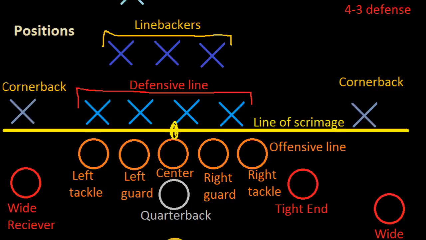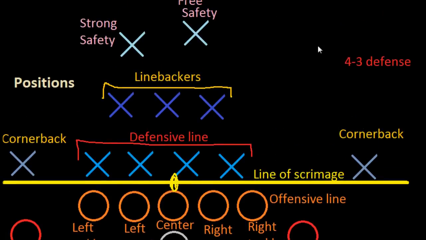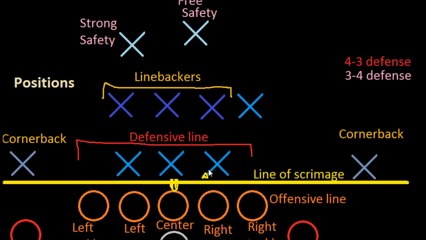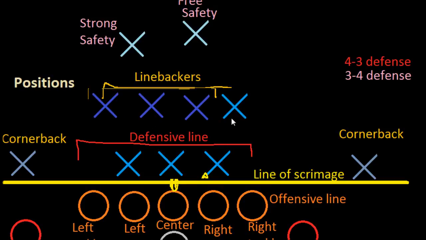The other common way that you might see guys line up instead of a 4-3 is a 3-4 defense, which would simply mean that one of the linemen will actually move back, and so you will have then 3 linemen, and they would move over in the middle there, and then you would have 4 linebackers, so that would be the 3-4 defense. And really these guys can stand wherever they want.